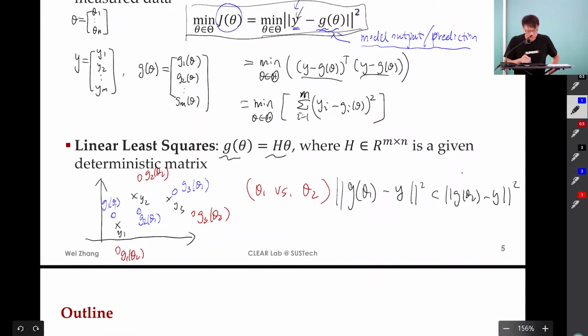And we focus primarily on the case of linear least squares, where G is a linear function of theta. You're trying to fit your data with a linear mapping, okay? Of course, that may not be possible oftentimes, but you want to find the best among all the possible thetas out there.